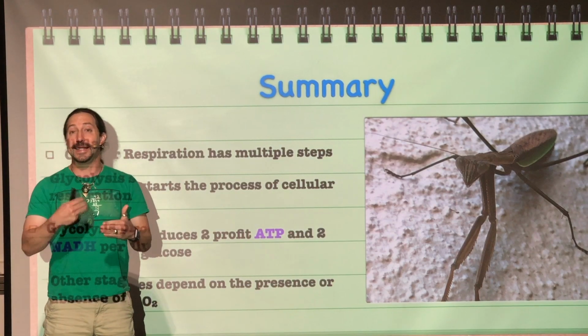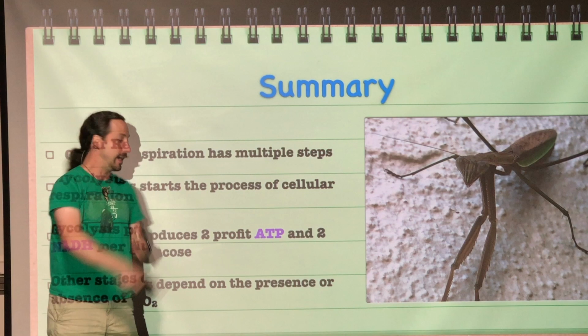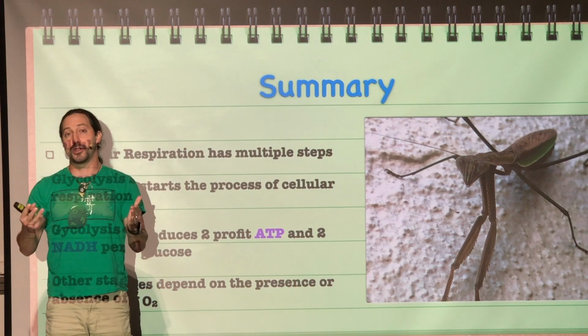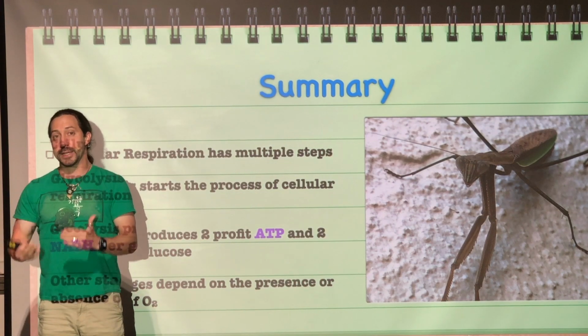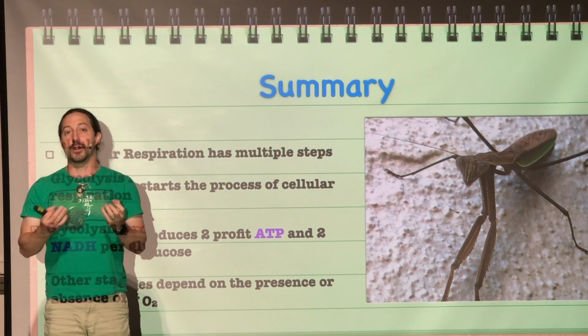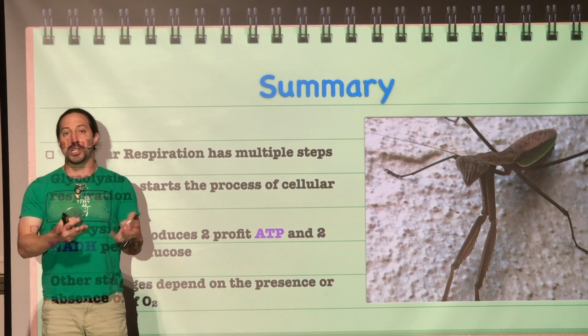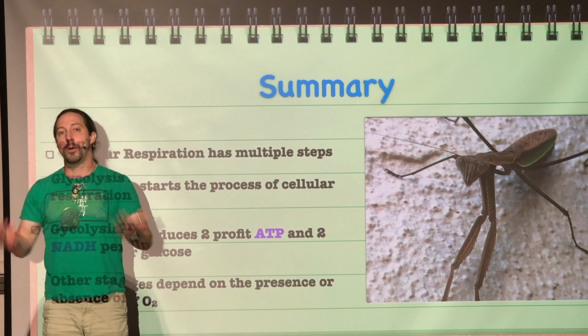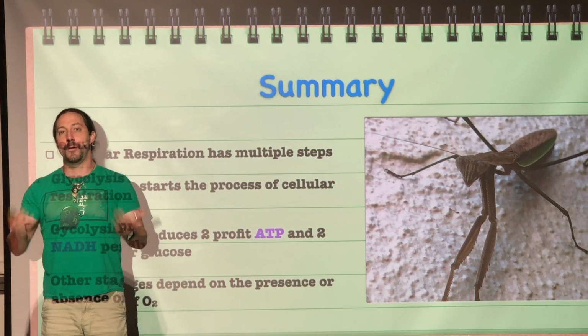They are going to be used again in those later stages. Those other stages, the Krebs cycle and the electron transport chain, they rely on the presence of oxygen. If oxygen is not present, then the cell will have to undergo anaerobic cellular respiration, which would be the stage called fermentation. And we will cover those in the next few videos.